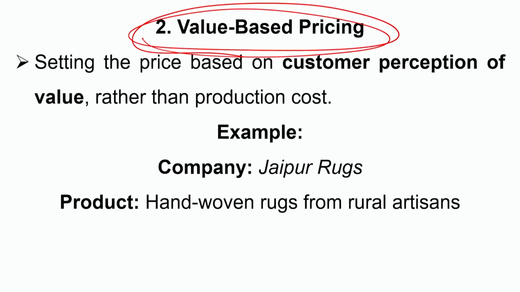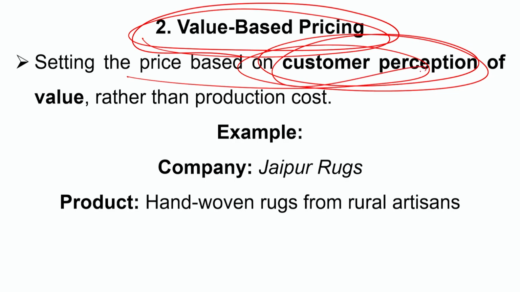Value-based pricing. The second is value-based pricing: setting the price based on customer perception. There are many types of products. A water bottle can cost 2000 rupees, and a water bottle also comes at 20 rupees. Yet some buy the 2000 rupees bottle, some buy the 20 rupees one. So here the value has been added. The 20 rupees bottle is normal filtered water.